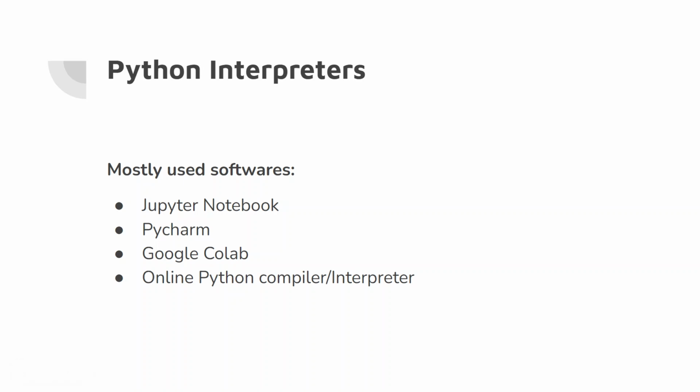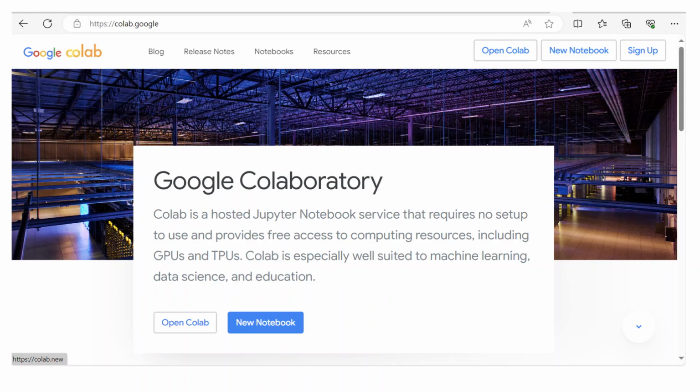You simply search on Google online Python compiler or interpreter, and you can find so many online websites where you can write code and run the Python code.